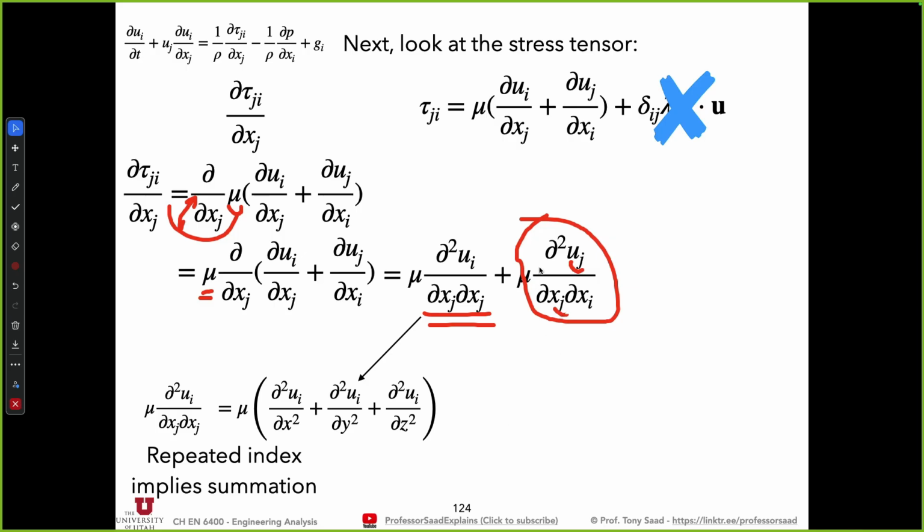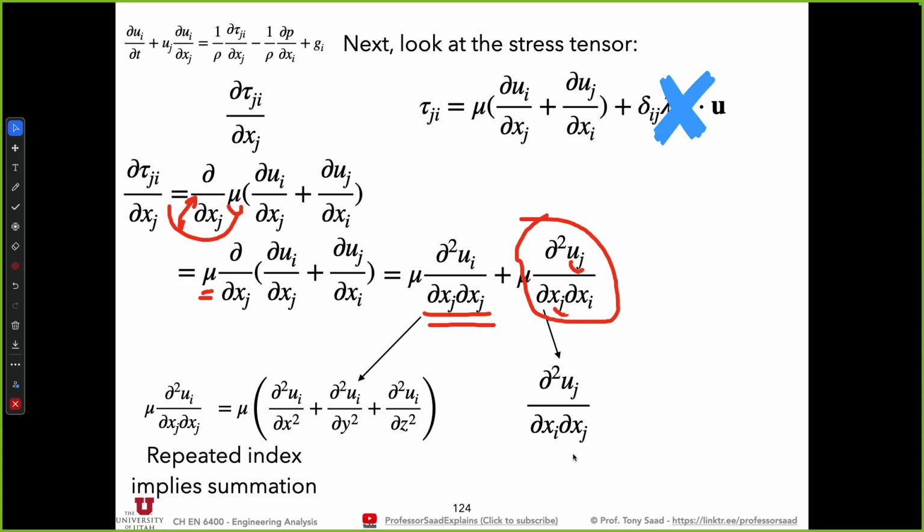Okay, what about the second component? It's the second term in this: d2u_j/dx_i dx_j, or dx_j by dx_i. So I swapped the order now, because this is a continuous velocity field and I can swap the order of derivatives. I can differentiate with x first and then y, or y and then x. It doesn't matter, okay?